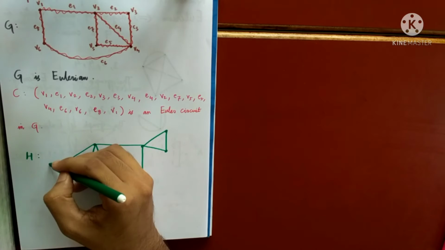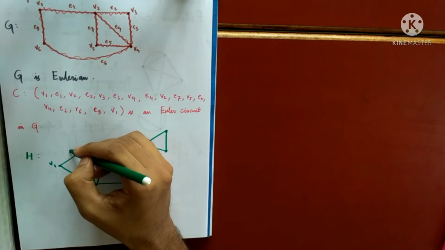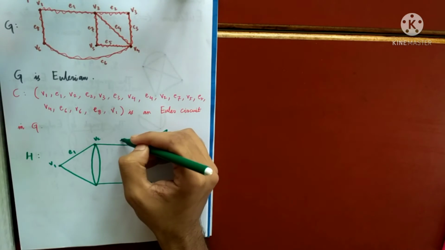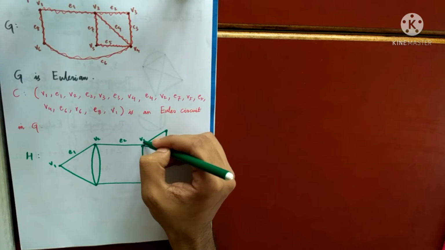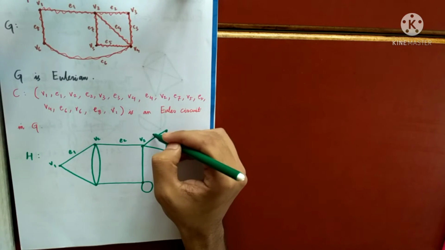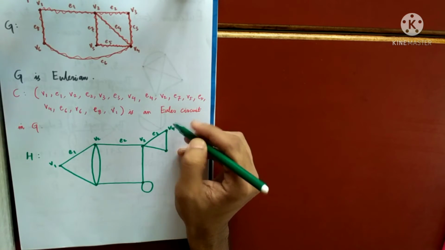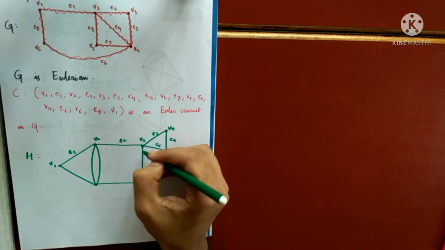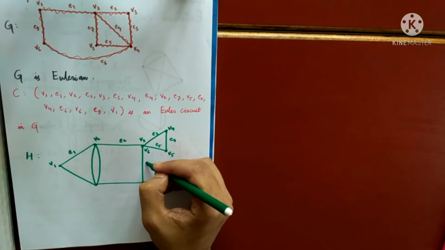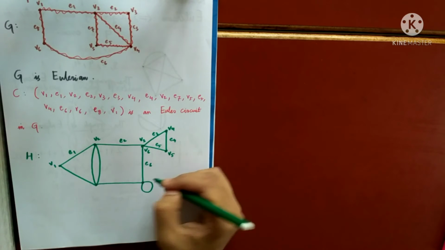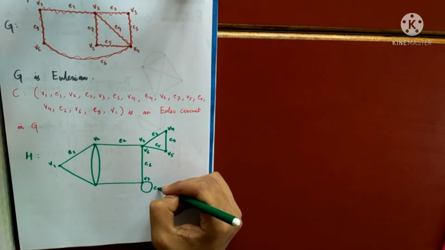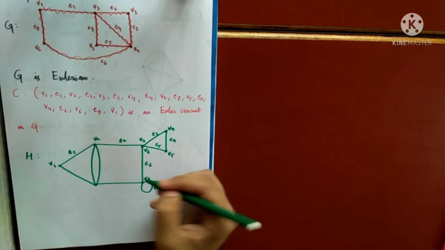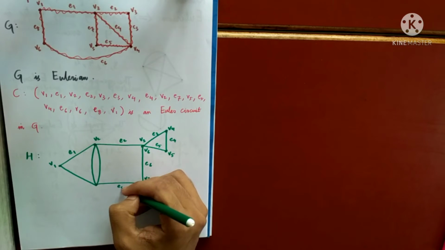Let me give the names. I'm just giving them randomly for the timing. v2, v3, e3, v4, e4, v5, e5, v6, e6, v7. This edge is e7. This edge is e8.